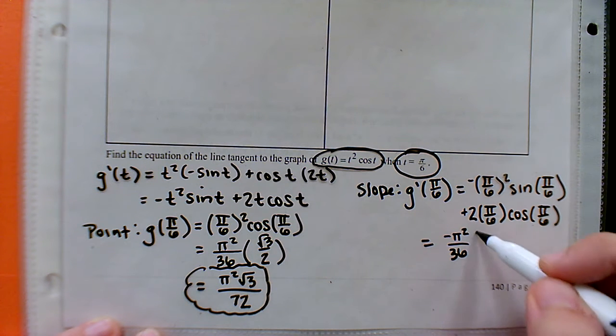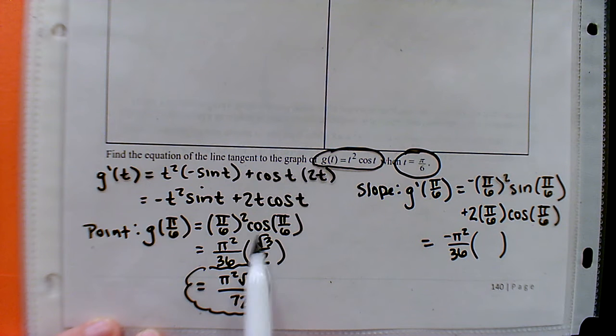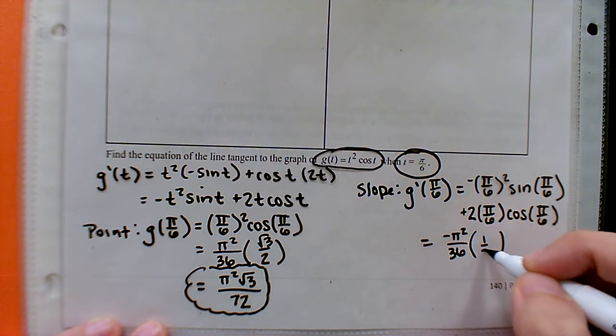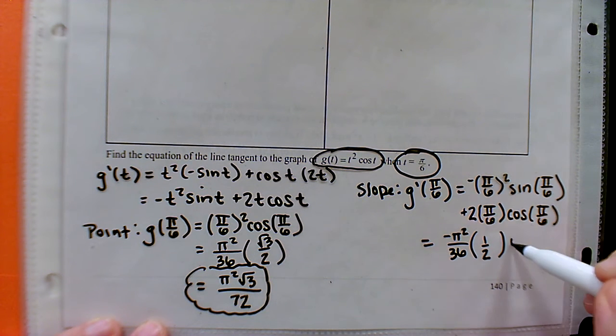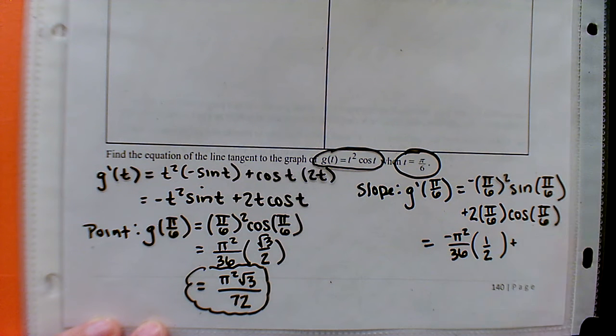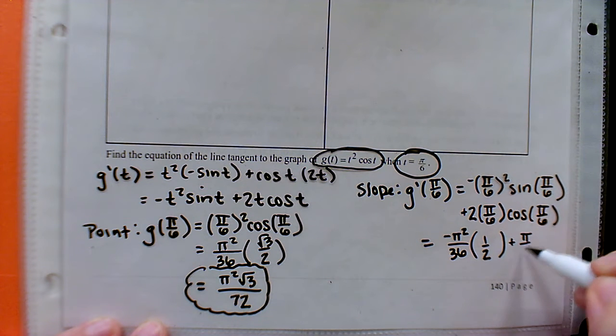What about sine of pi over 6? Okay, if the cosine we said was a square root of 3 over 2, what's the other related ordered pair value from that spot? The sine value? Yeah? The 1/2. Okay, so then we're going to add 2 times pi over 6. That's the same as pi over 3.